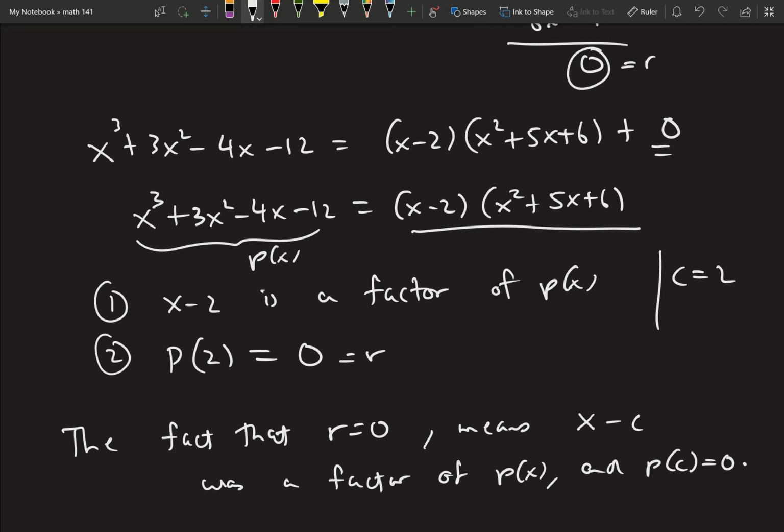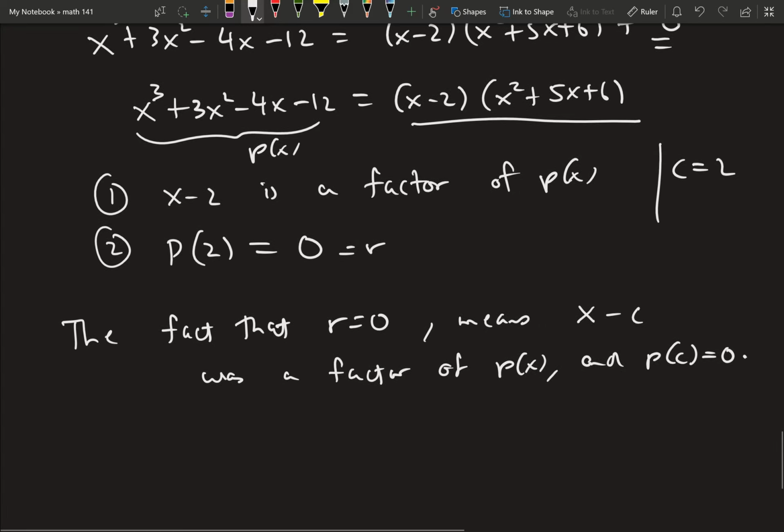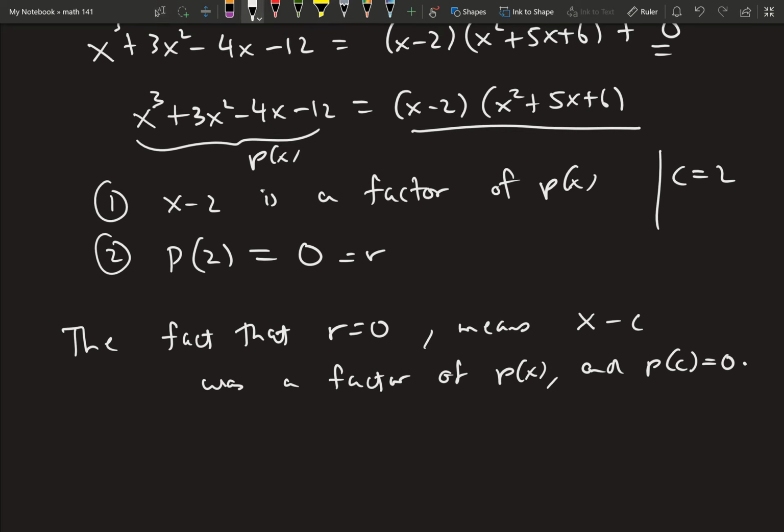And that's the kind of corollary of the previous theorem, that when the remainder is 0, x minus c is actually a factor of your polynomial. Okay, and you can see that visually right here. x minus 2 is a factor of this polynomial, and if you plug in 2, you actually get 0.